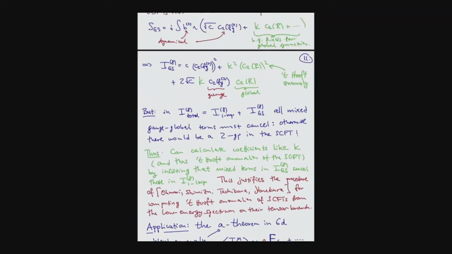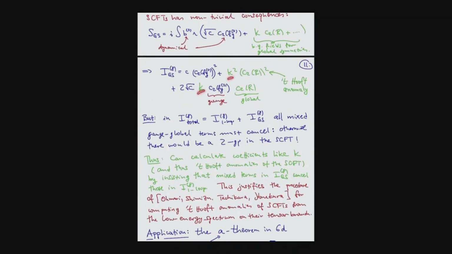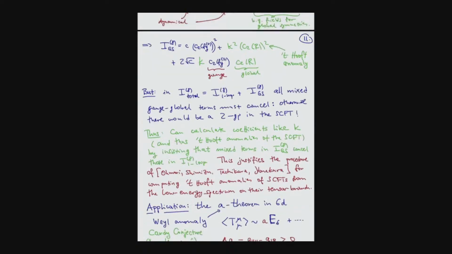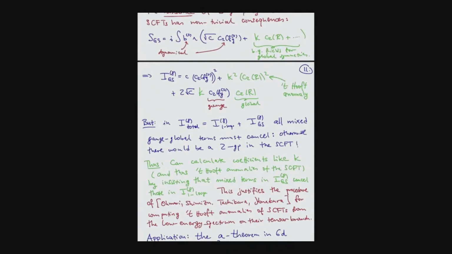So once you are able to calculate these Green-Schwarz coefficients, you can, for example, compute the entire anomaly polynomial of the UV superconformal quantum field theory, knowing essentially only the massless fields in the infrared on the tensor branch, which is what these authors did. This is, of course, much more than you're typically entitled to.